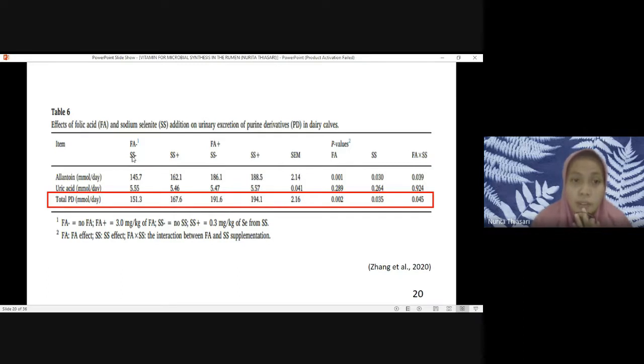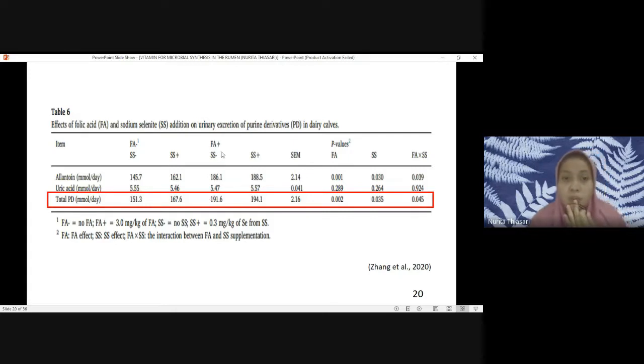And then next is about the addition of sodium selenite. First, without folic acid and without sodium selenite, it has a very low total purine derivative compared with the addition of sodium selenite.